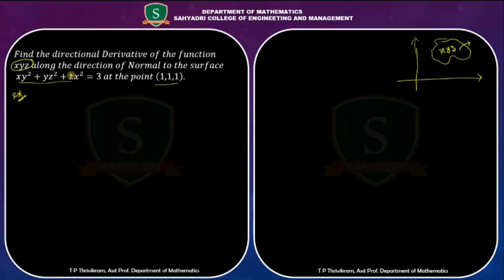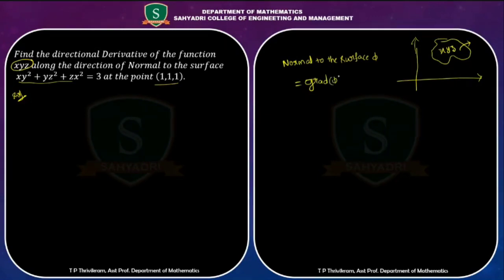In the very first problem of this chapter we have discussed how to define the normal to the surface. Normal to the surface, phi. What is the value? This is nothing but the gradient, no?